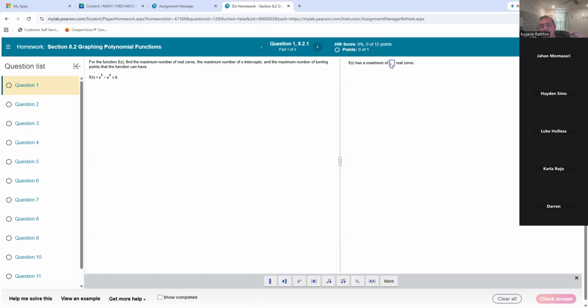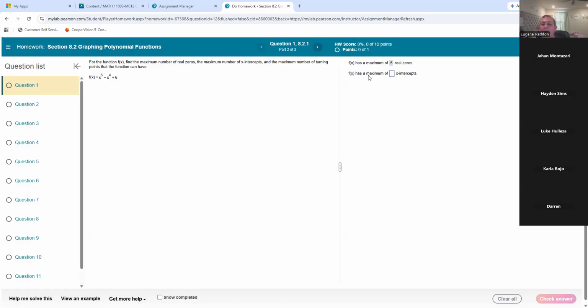So for x to the fifth minus x to the fourth plus 6, what would be the maximum number of real zeros? Well, y'all, that's where I would look at the highest exponent. And my highest exponent here is a 5. So that means this has a maximum of 5 real zeros. You're going to check that.